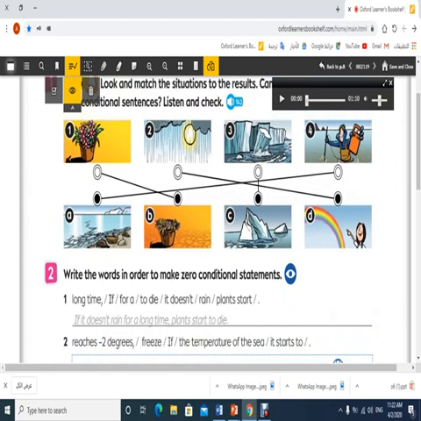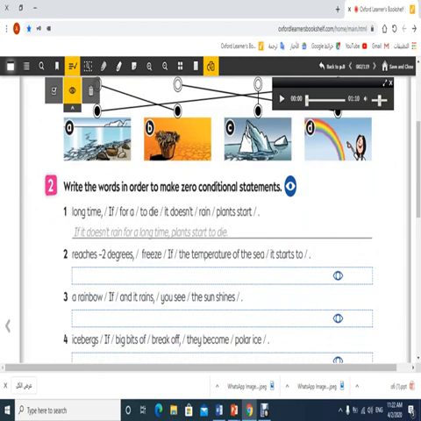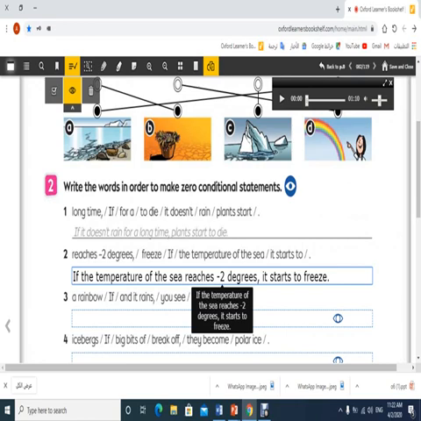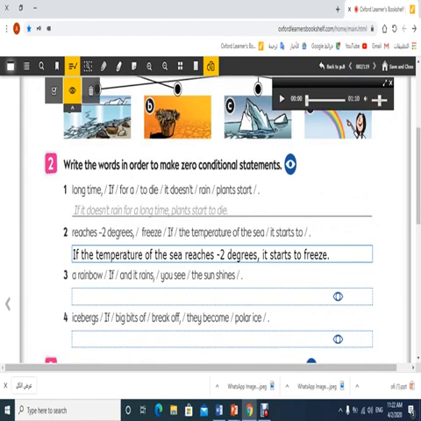Who can help me? Look at the picture. Yes, good. What's this? Great. Who can say the sentence? Excellent job. If the temperature of the sea reaches -2 degrees, it starts to freeze. Excellent. Good job. Next, who can speak about the rainbow? Yes, that's good. If the sun shines and it rains, you see the rainbow.